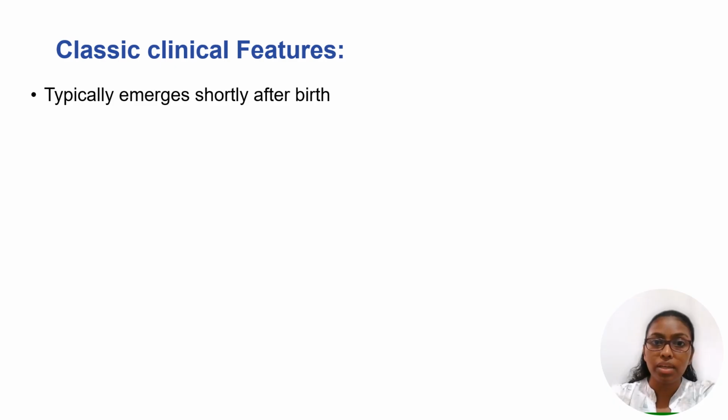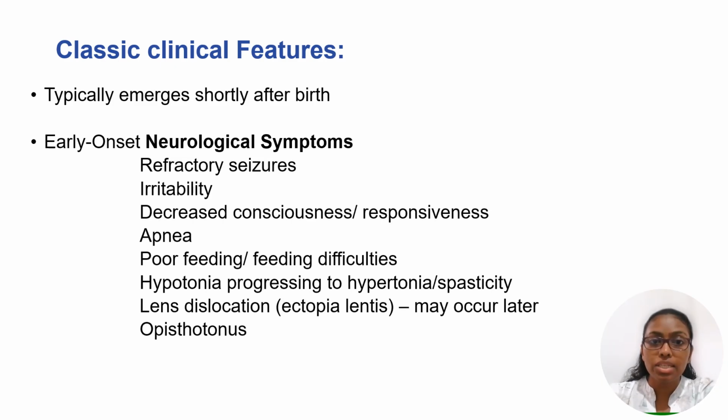Symptoms usually begin shortly after birth, often within the first days to week of life. They closely resemble hypoxic ischemic encephalopathy, but without a history of perinatal insult. Refractory seizures are often the first presenting feature and are typically resistant to conventional anti-epileptic treatments.